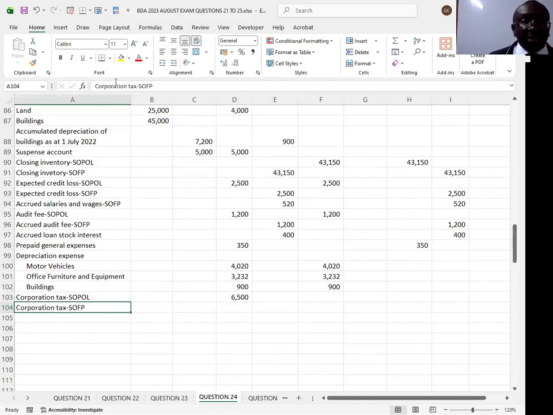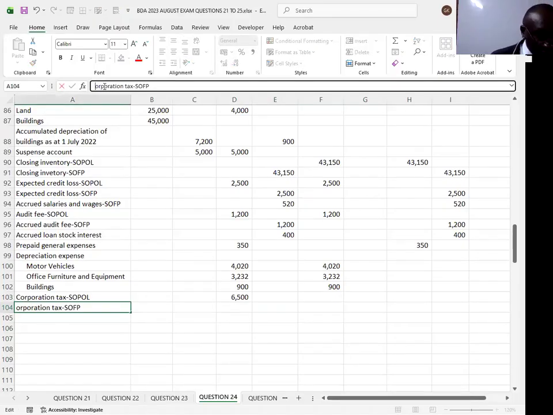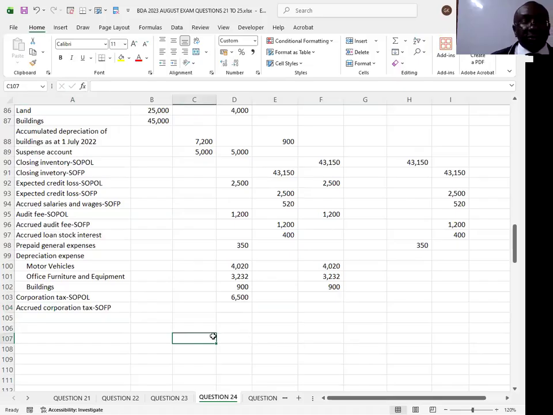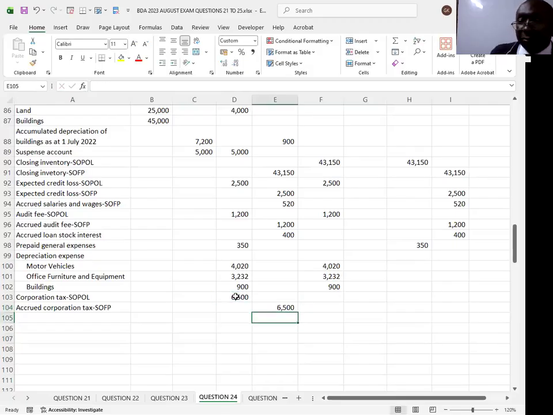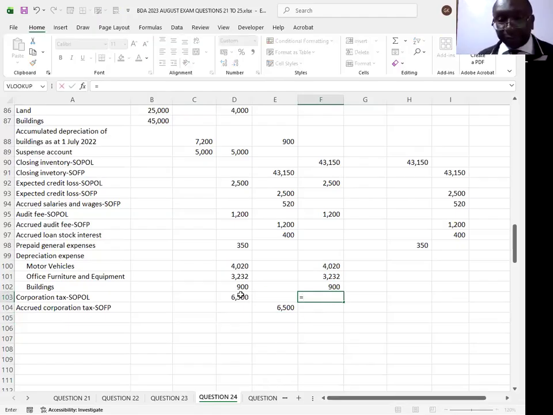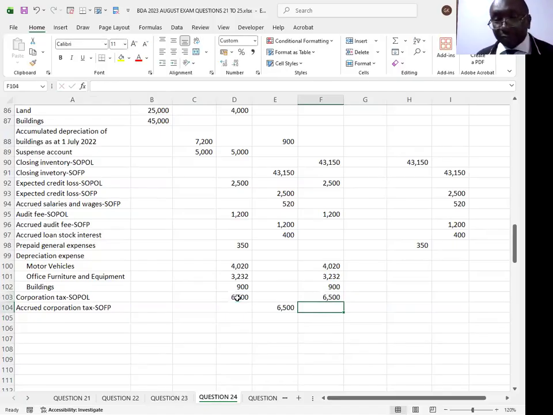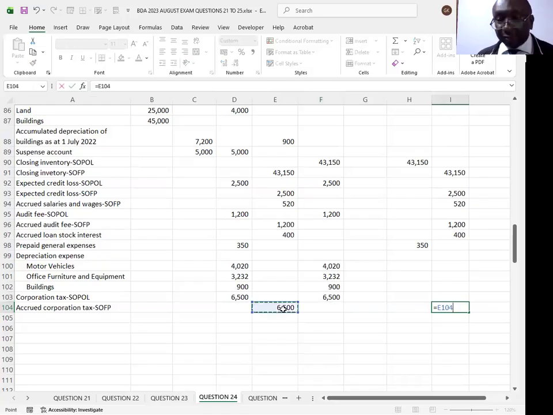Actually, I should have specified that this is accrued corporation tax. Sasa hii nikuja hapa niseme equals 65. Now this one, we come here and debit it. Then we come here and credit this one.